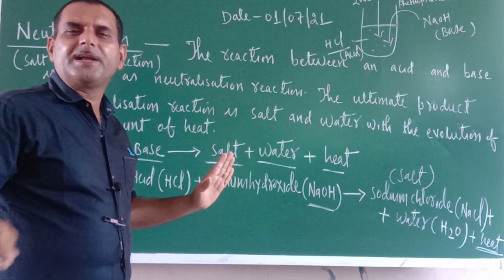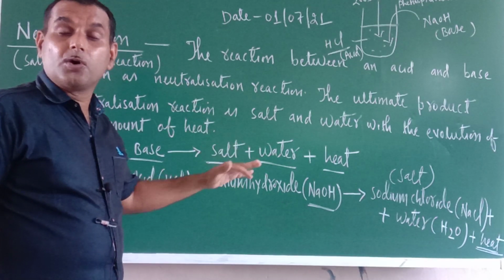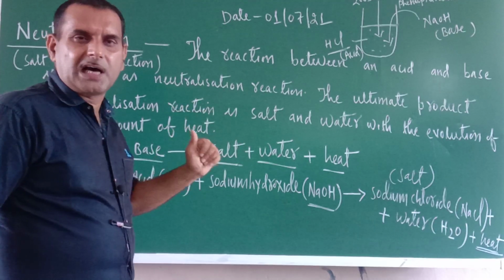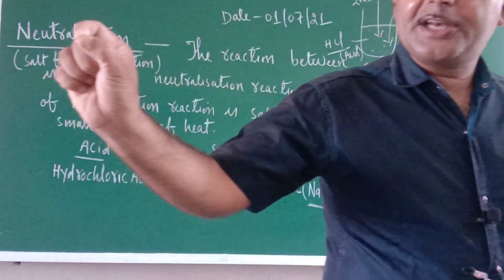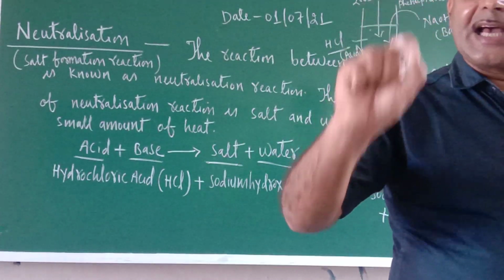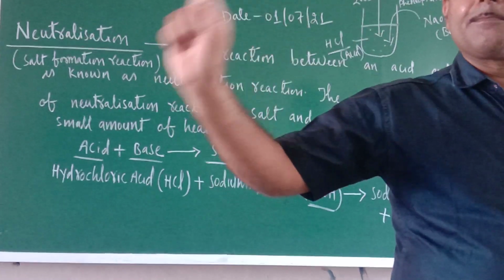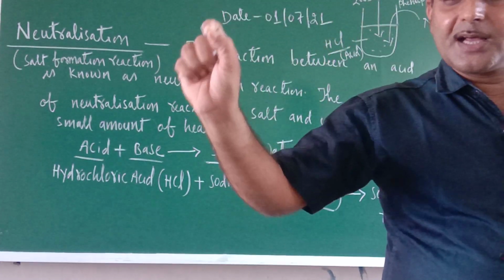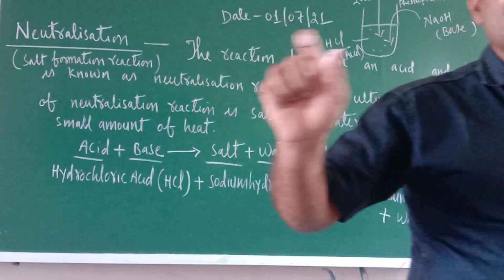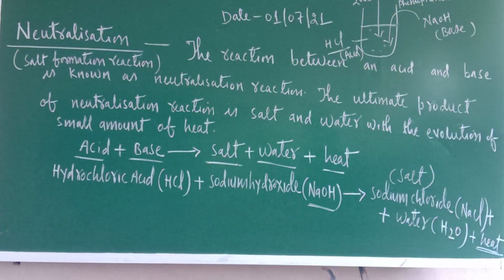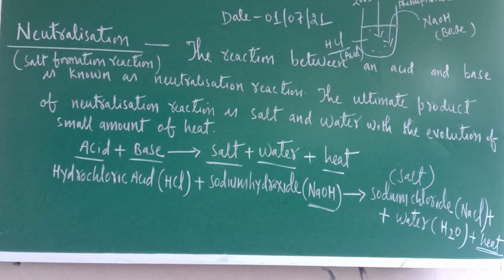And here I told you the importance of phenolphthalein also, how it indicates whether the medium is acidic or basic. The moment the medium becomes basic, it produces pink color. The moment the medium becomes acidic, it remains unchanged, meaning colorless. So this is all about the neutralization reaction.